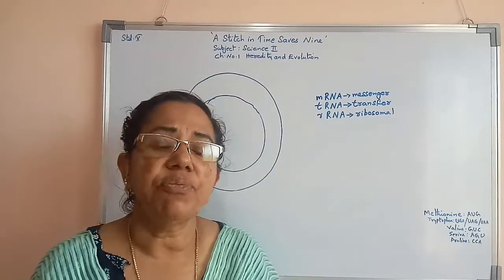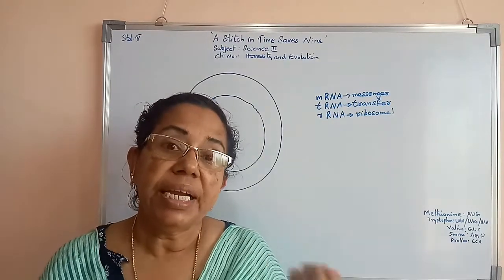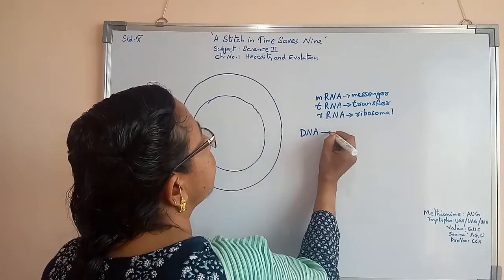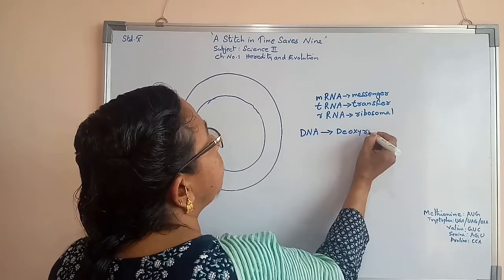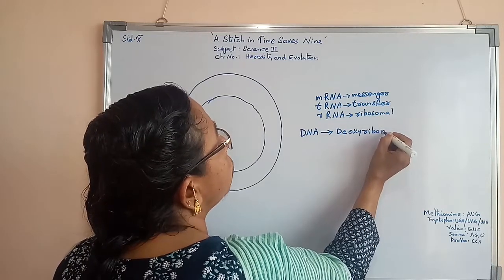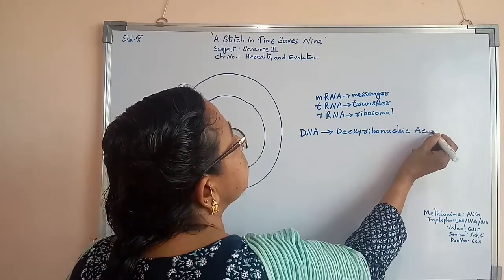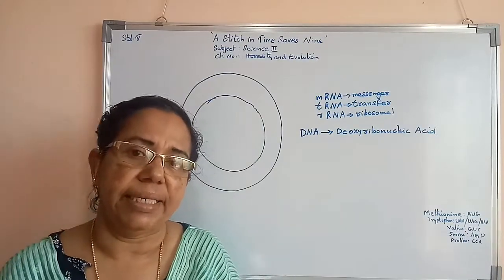Now, what is the full form of DNA as well as RNA? DNA, its full form is deoxyribonucleic acid.